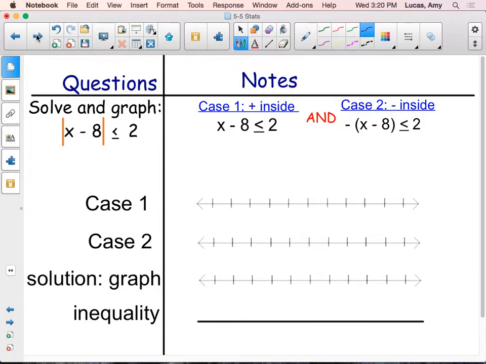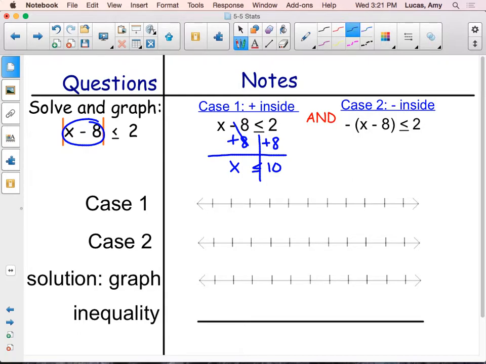So if I solve this first case 1 where I keep what is inside over here a positive, I add 8 on each side, so x is less than or equal to 10. Then if I solve the other one, because remember the opposite, so I've got a negative in front, the opposite of x minus 8, you can do one of two things.